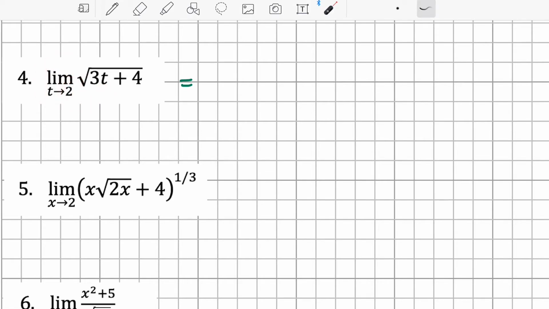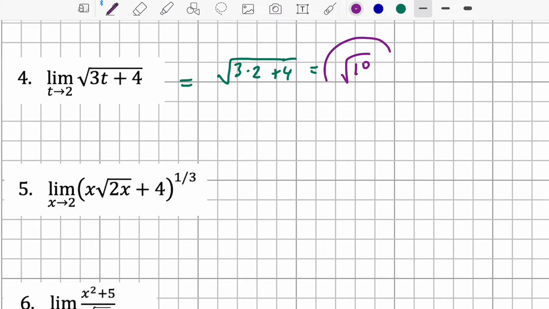There. Let's plug it in. So it's going to be square root of 3 times 2 plus 4. 3 times 2 is 6 plus 4 is 10. So square root of 10. Square root of 10 cannot be reduced anymore, or simplified, I mean. So that is our answer.